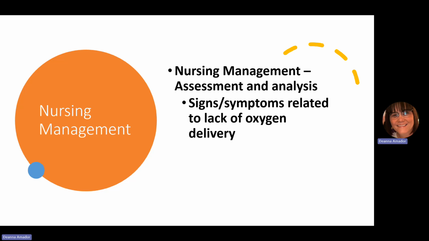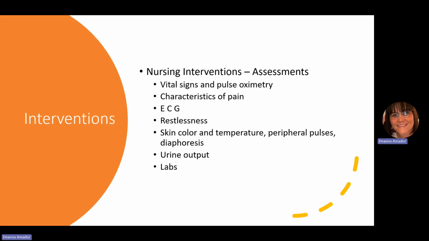Okay, so then our nursing management, obviously, we're going to be assessing and analyzing and watching for signs and symptoms related to lack of oxygen for these patients. This makes sense to us. So interventions: vital signs, pulse oximetry, watching our ECG, and then watching for any decreased mentation, restlessness, confusion, stuff like that.